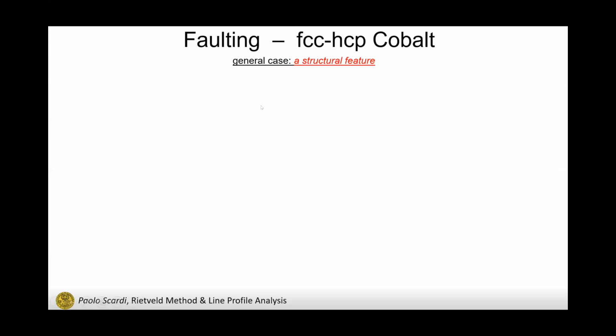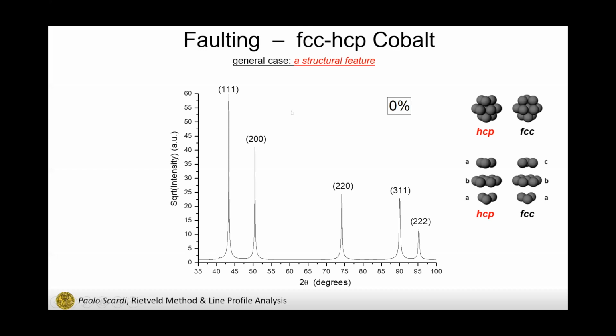Here and below, you see the effect of increasing hexagonal fault probability in cubic cobalt. Cubic cobalt is assumed to be FCC, but the other polymorph, actually the most stable one, is hexagonal. So it's very likely that in the cubic you might have some faulting.